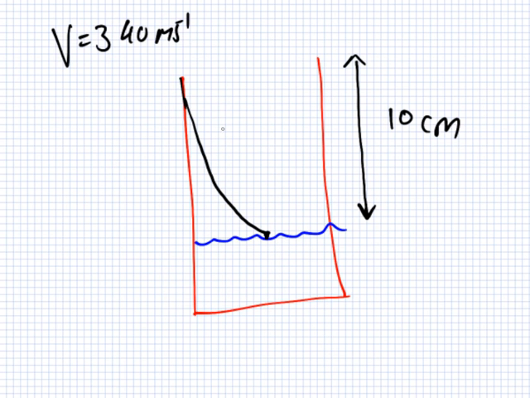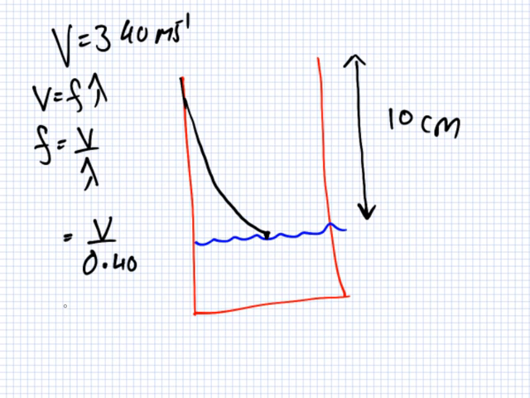So I want the frequency. V equals F lambda, so F equals V over lambda. What's the wavelength here? 40 centimeters. Can you tell me what 340 divided by 0.40 is? It's 850 hertz.